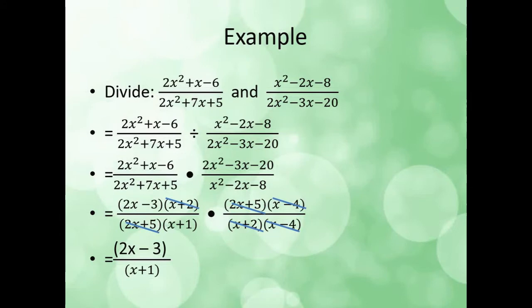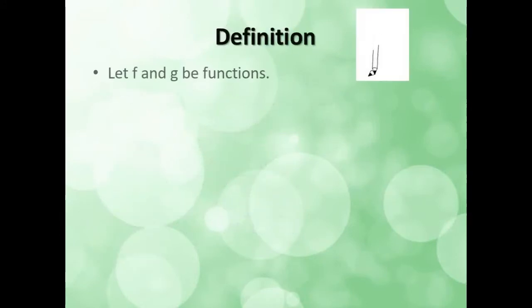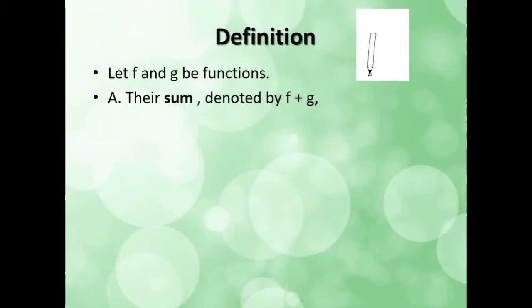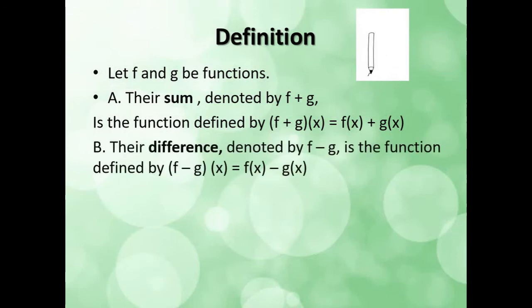Definition: let f and g be functions. A. Their sum, denoted by f plus g, is the function defined by (f plus g)(x) is equal to f(x) plus g(x). B. Their difference, denoted by f minus g, is the function defined by (f minus g)(x) is equal to f(x) minus g(x).